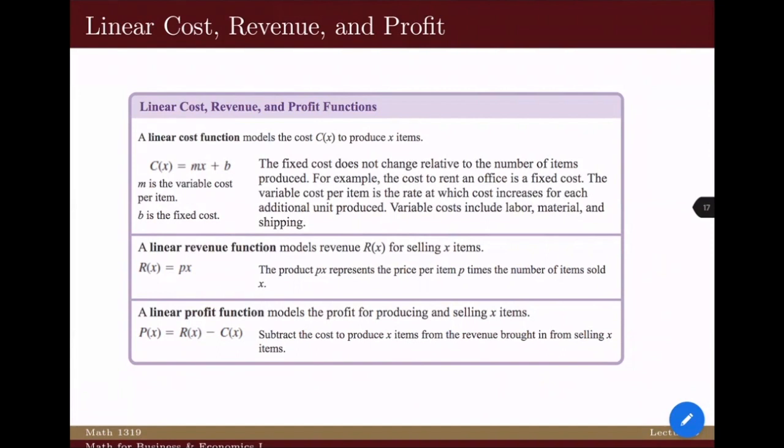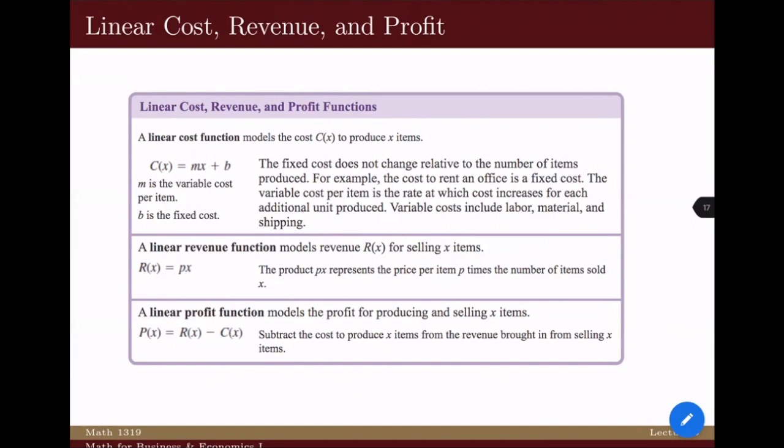A linear revenue function models revenue, which we call R of x, for selling x items, and the product P times x represents the price per item P times the number of items sold x. And then lastly, a linear profit function models the profit for producing and selling x items, where P of x is going to be equal to R of x minus C of x.